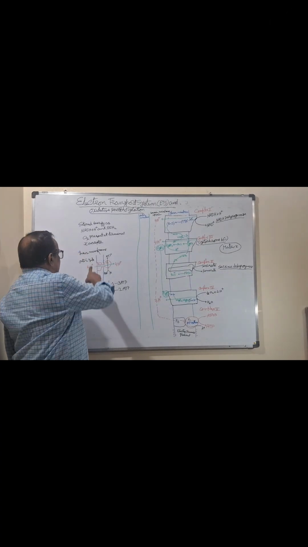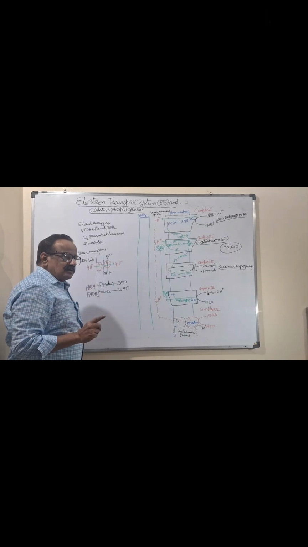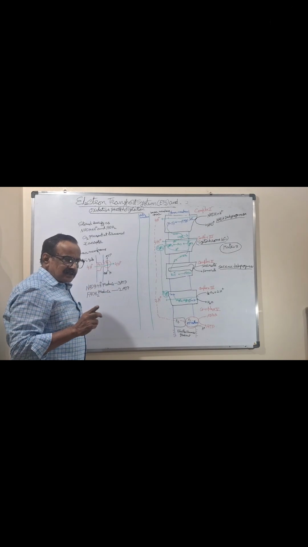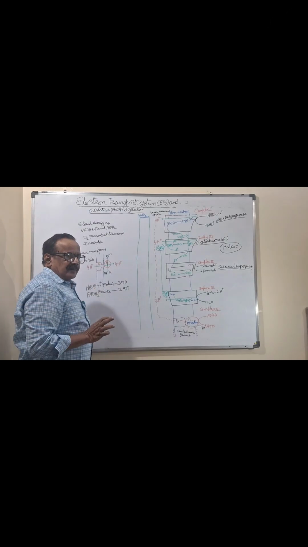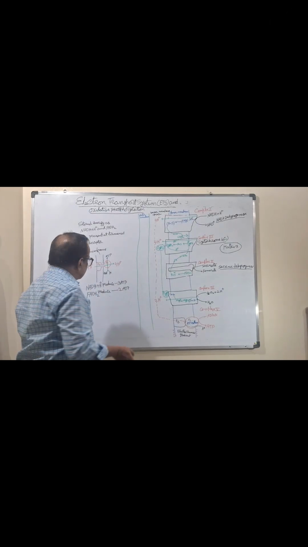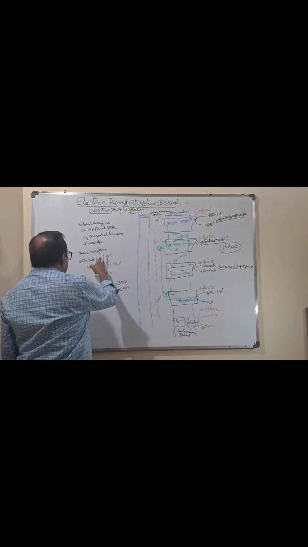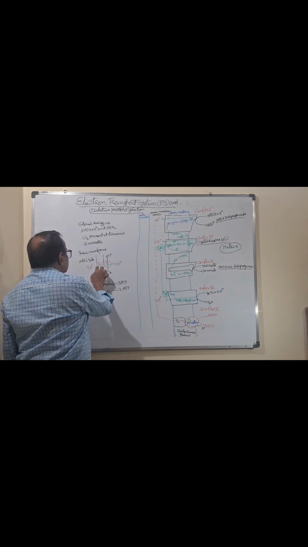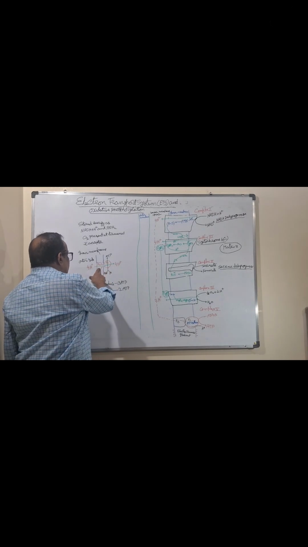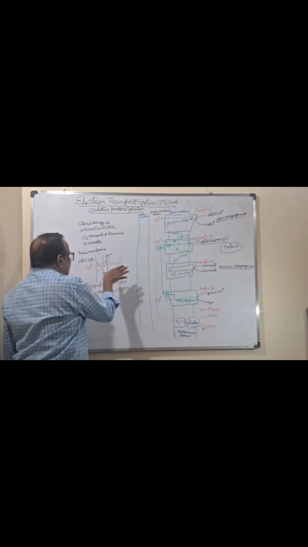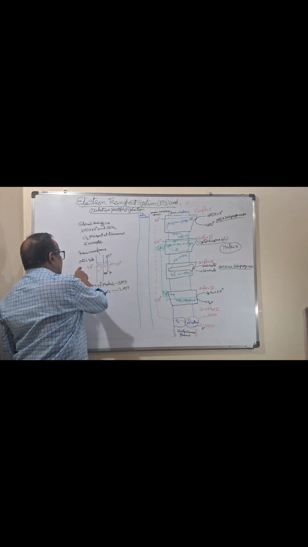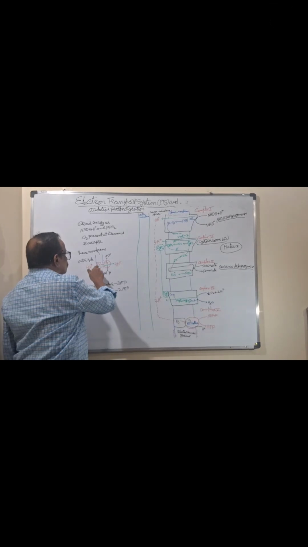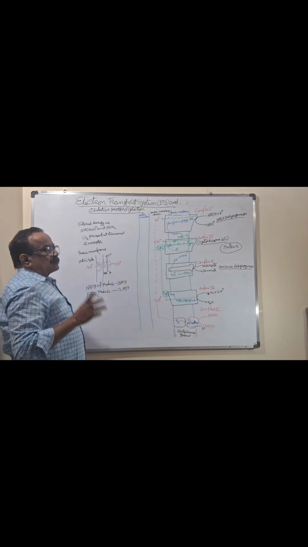Here one more thing he has told, that 1 NADH produces 3 ATP and FADH2 produces 2 ATP. That he is explaining now. The ATP synthase enzyme's F0 and F1 are present, with F1 protruding to the inside, the matrix side, and whenever 4 protons pass through F0 and F1, it will produce 1 ATP.